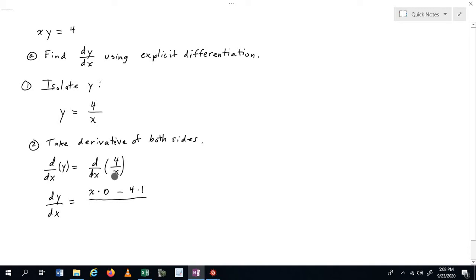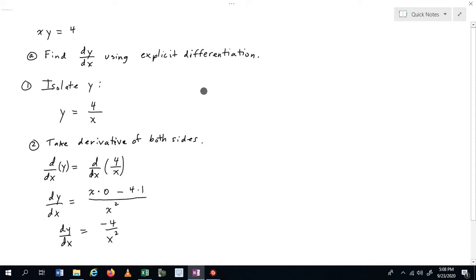All over low times low, so x times x, which we can just write as x squared. Okay, and so if we simplify this, on top we just have 0 minus 4, so that's minus 4 all over x squared. Okay, so that's the derivative of y with respect to x.